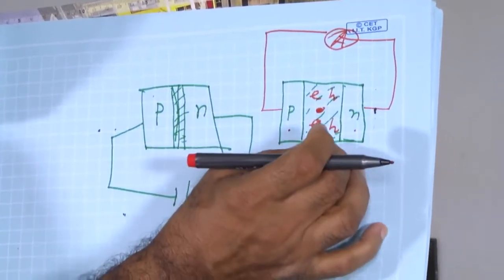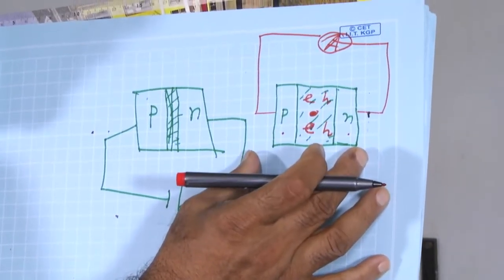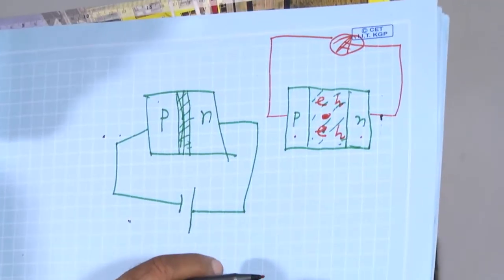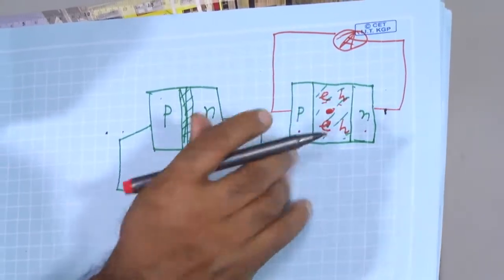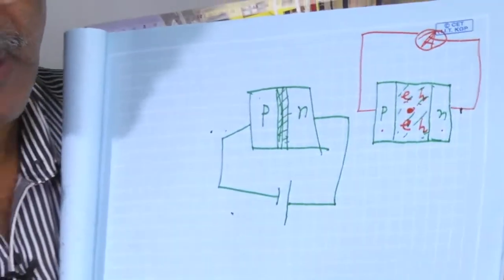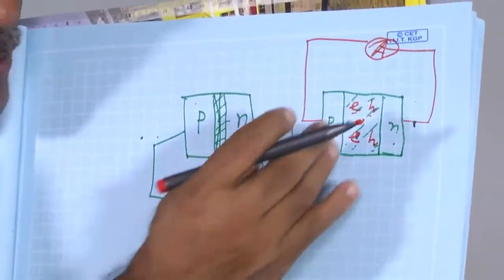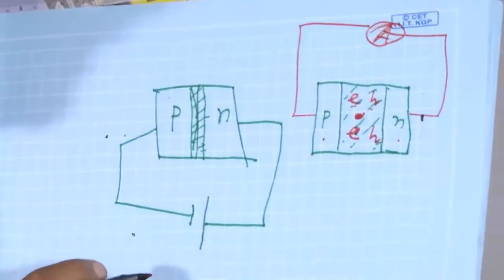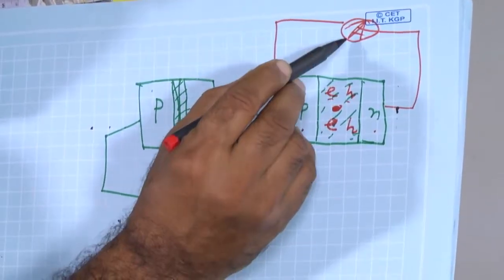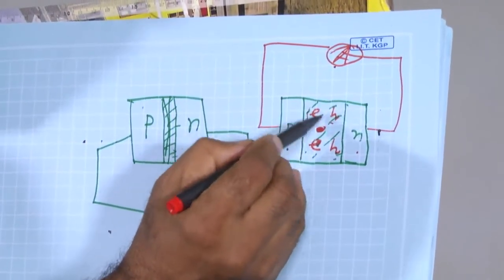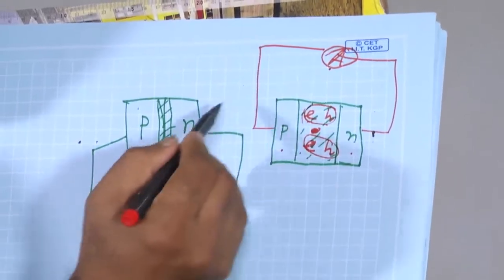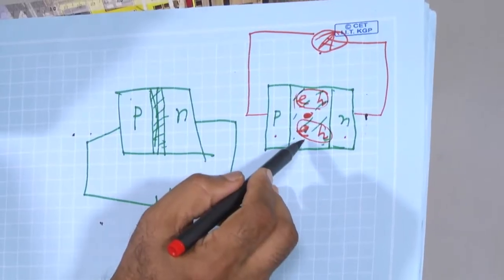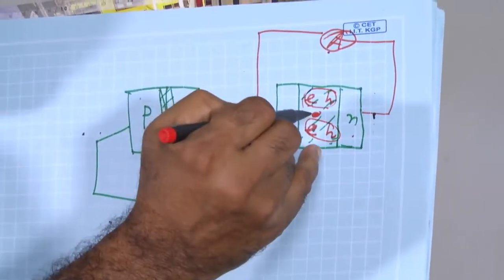That's why we increase the depletion layer. There are no free holes and electrons there, so whatever holes and electrons are produced will not recombine. They will move in opposite directions and give current. This current is proportional to the concentration of pairs, which is proportional to the intensity of light falling on it.